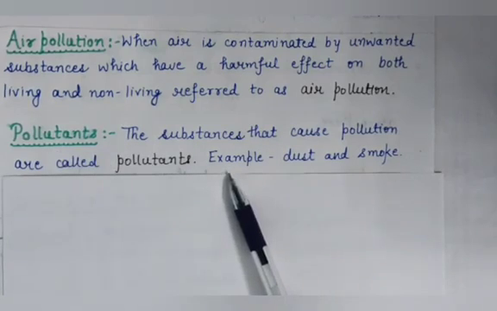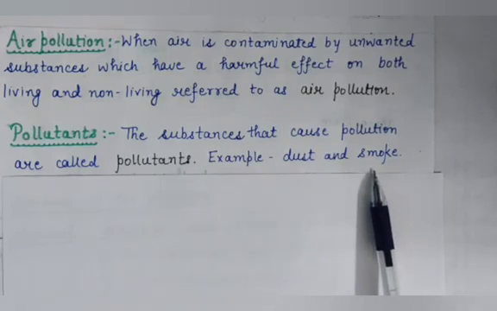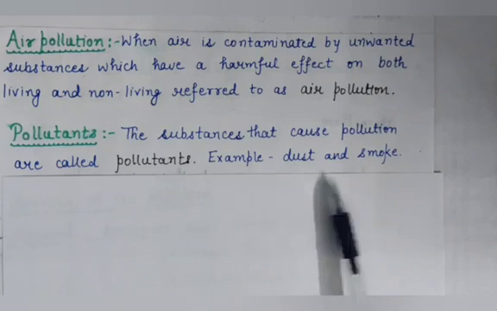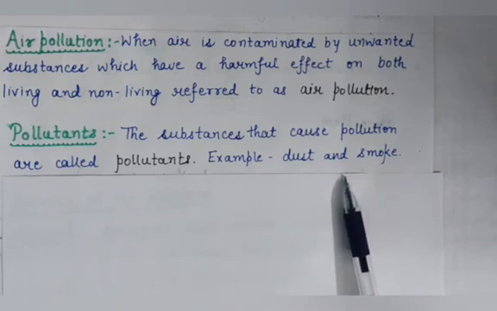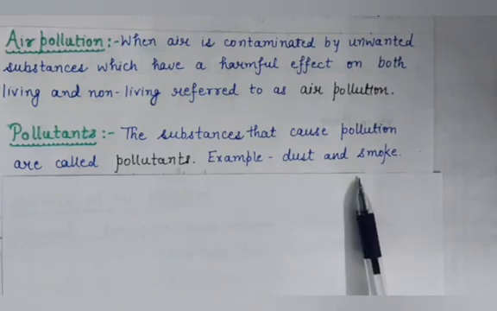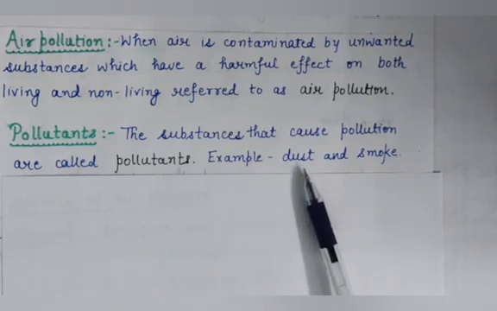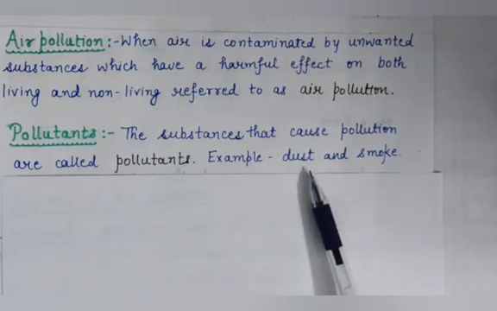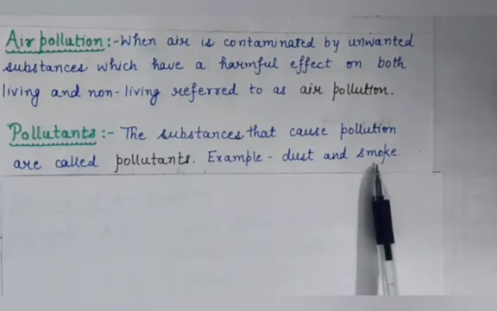Sometimes such substances may come from natural resources, like smoke and dust arising from forest fire or volcanic eruptions. Okay, so these substances that cause pollution are called pollutants. Like dust and smoke are called pollutants.